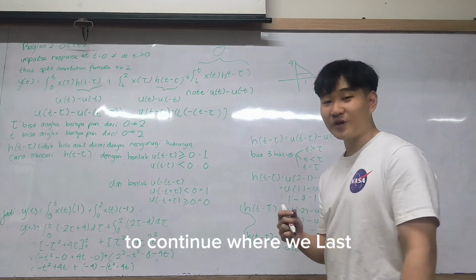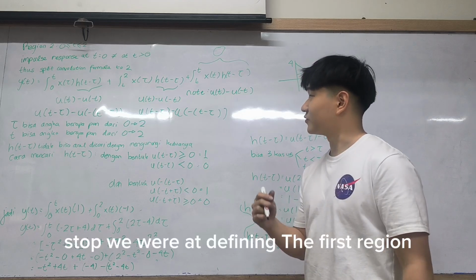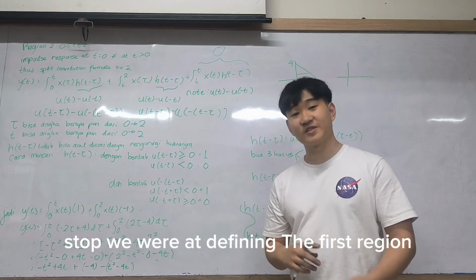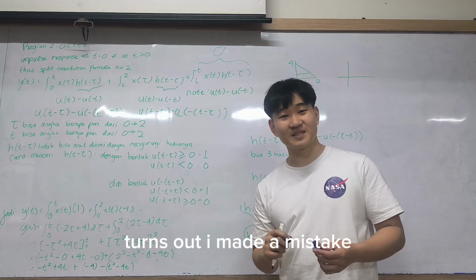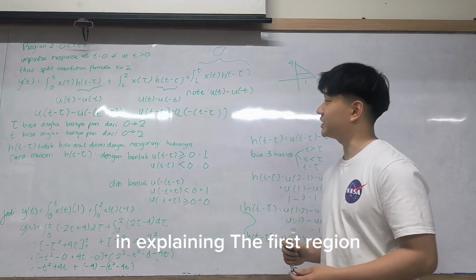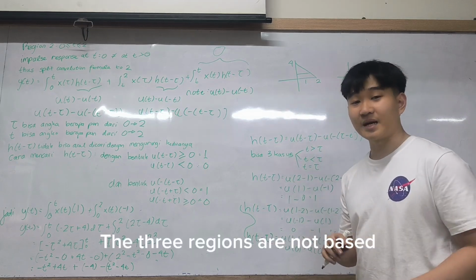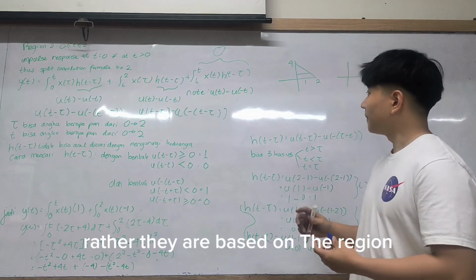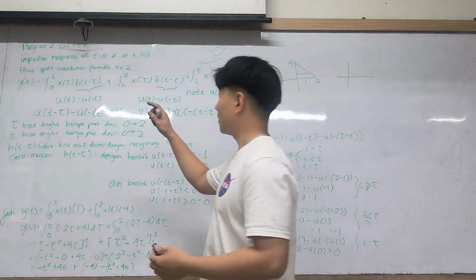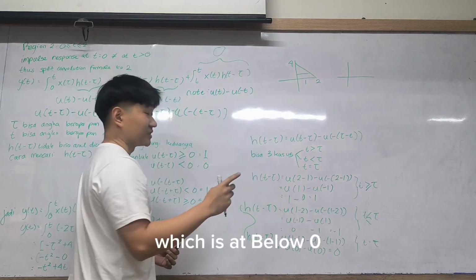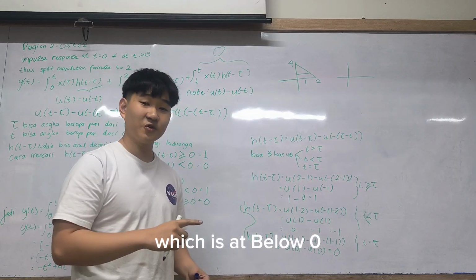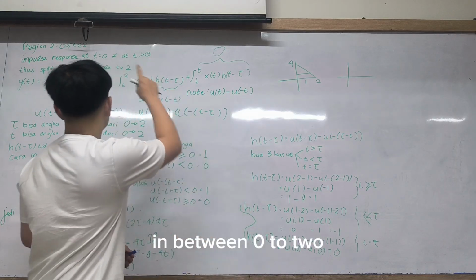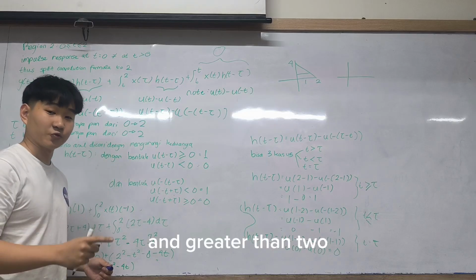To continue where we last stopped, we were at defining the first region. Turns out I made a mistake in explaining the first region, because the 3 regions are not based on the regions of the impulse response, rather they are based on the regions of the input signal, which are below 0, in between 0 to 2, and greater than 2.